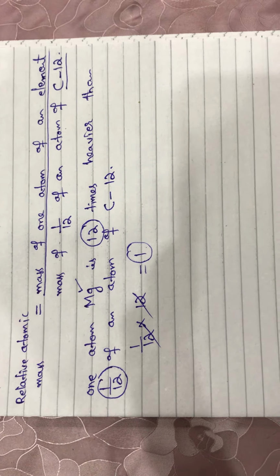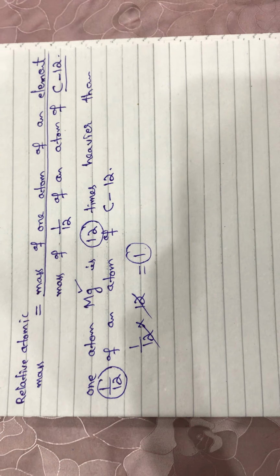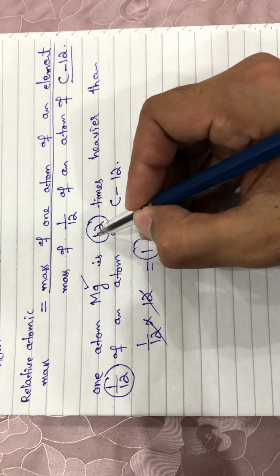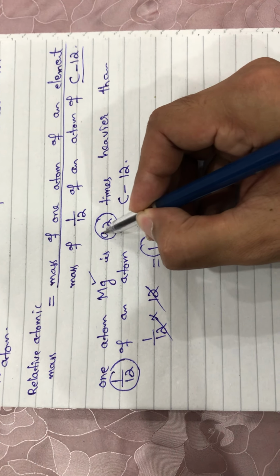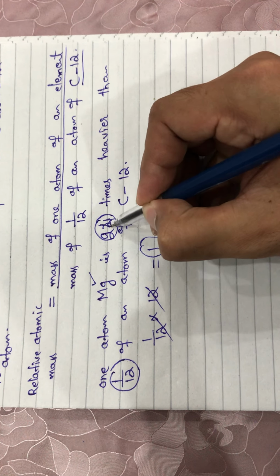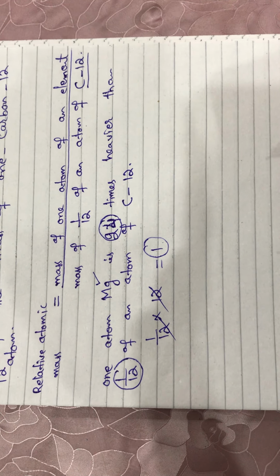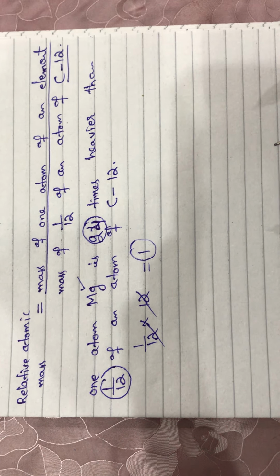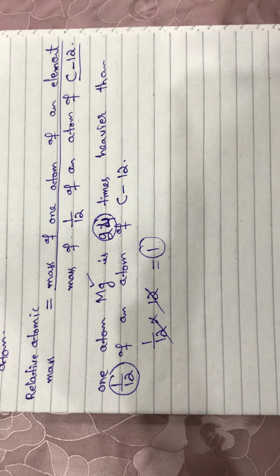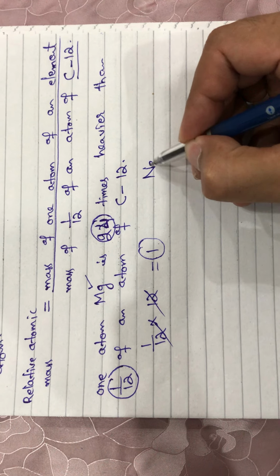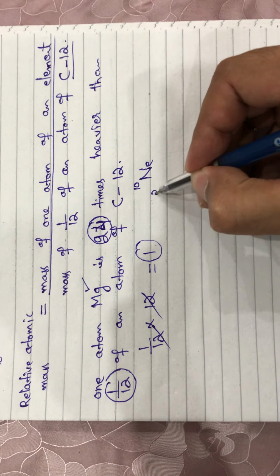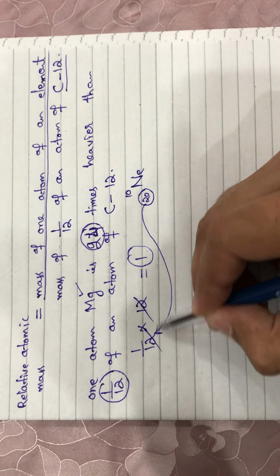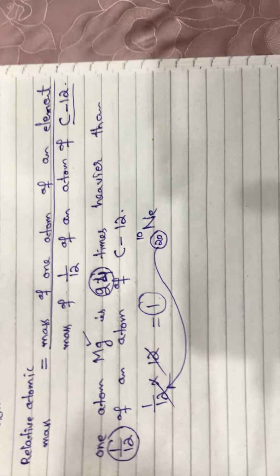And talking about magnesium, its atomic mass is 24 and it is 24 times heavier than carbon 12. Similarly, neon is 10 and 20, meaning its atomic mass is 20, so it is 20 times heavier than 1 by 12 of the carbon 12 atom.